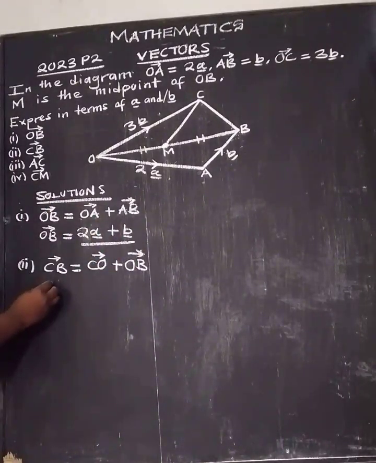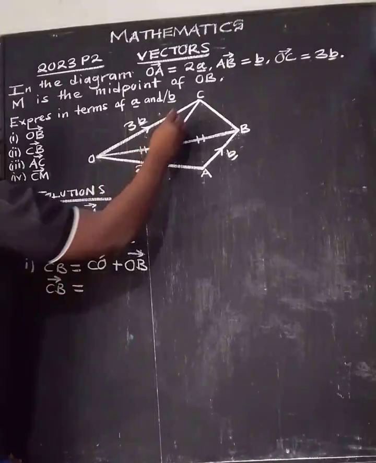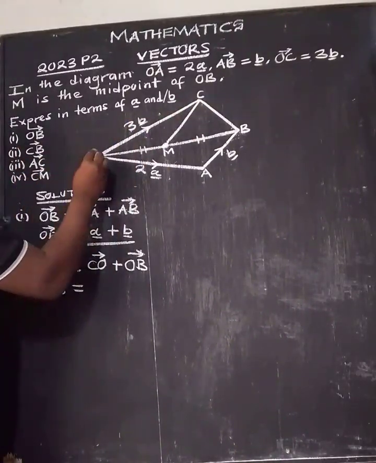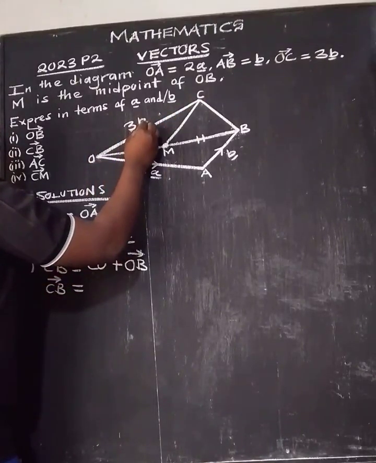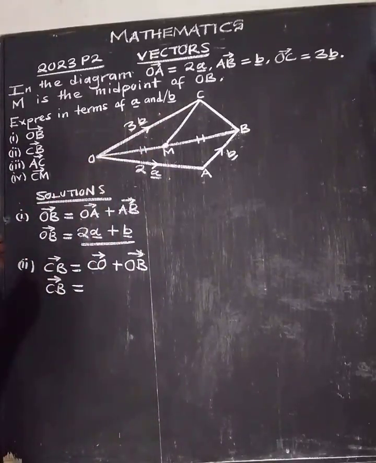So CB is equal to, what is CO? CO is negative 3 vector B, because this is OC. OC is positive 3 vector B. Now this is CO. We are moving against the direction.